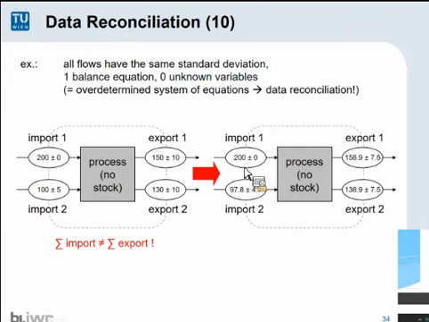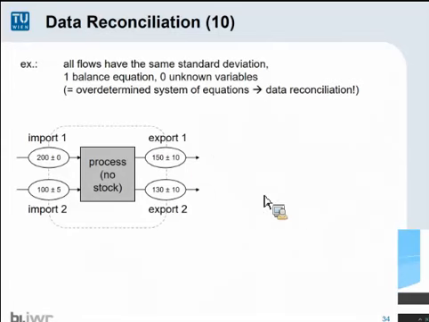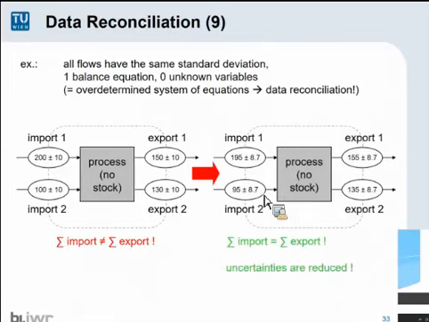You see, the values are again fitting. When you sum up the import flows, you get 297.8, and that's exactly the same number when you sum up the export flows. Again, the uncertainties have been reduced. But be careful. When you look at these numbers and the numbers before, the only difference between this model and this model was the uncertainty that we have entered into our system.